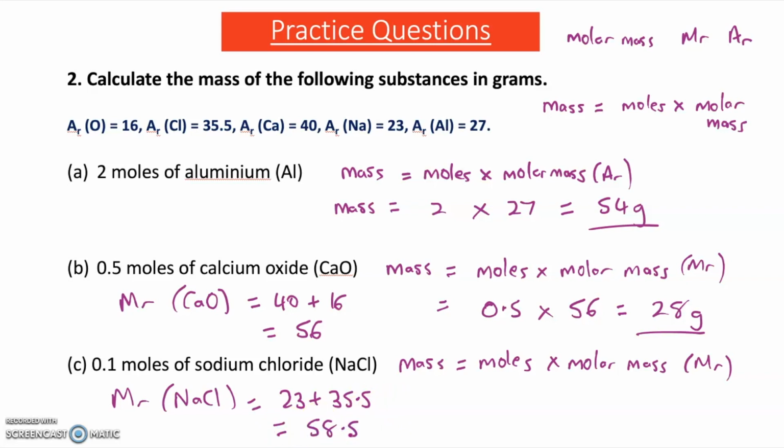So to find the mass in grams, mass is equal to moles times the molar mass, which is simply the MR value. So mass is equal to 0.1 moles times the molar mass, which is the MR value, so it's 58.5. And that will give us a mass in grams of 5.85 grams.